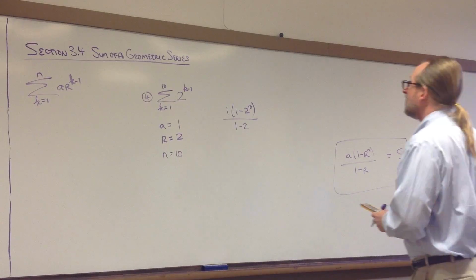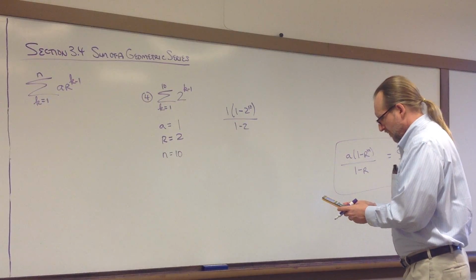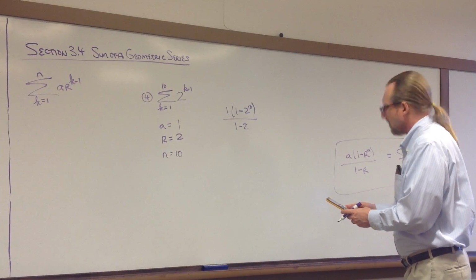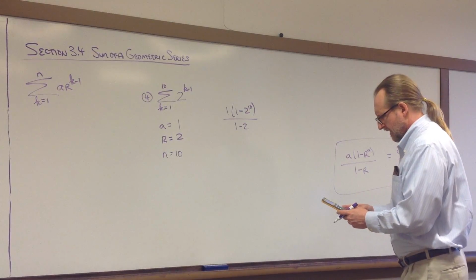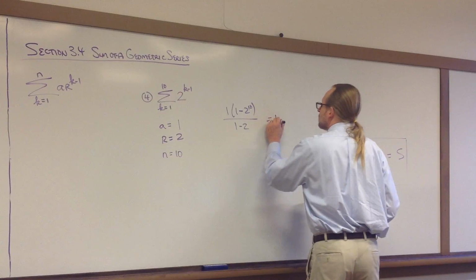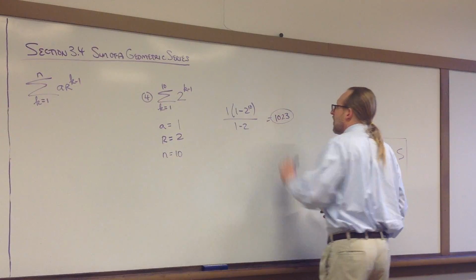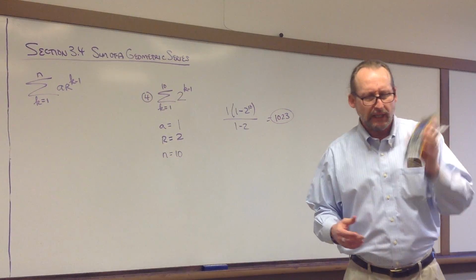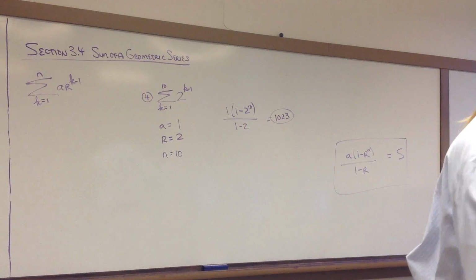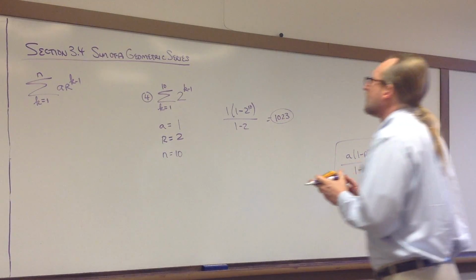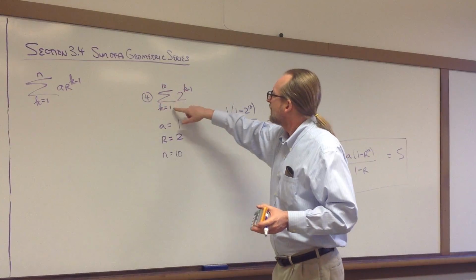So let's see here. So 1 minus 2 to the 10th power divided by -1, 1023.